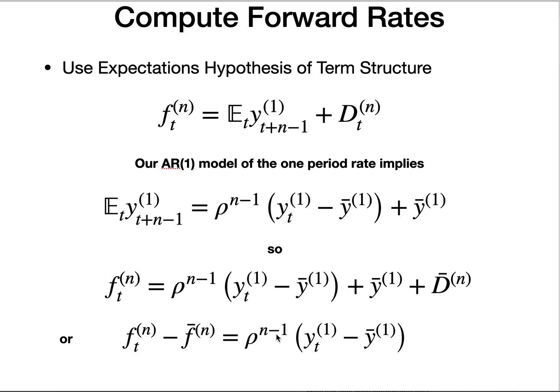And what that will say then is that how volatile the long-term forward rates are around their unconditional mean gets smaller and smaller as the maturity of the forward rate goes out, n gets bigger and bigger, because this is one time series that's driving all the forward rates up and down together. And this coefficient is getting smaller and smaller as n goes to infinity. So that's what we're going to discuss, the implications of that in the next part of this lecture.